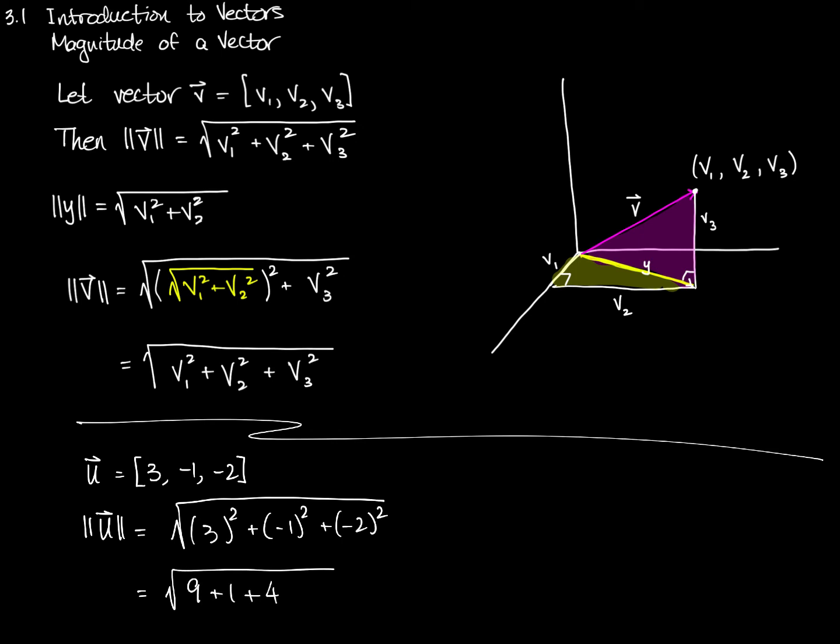That's 14. So I get the magnitude of vector u equals the square root of 14. That doesn't simplify. I have a factor of 2 and a factor of 7. I can't simplify that. So that's an example of how to find the magnitude of a vector in 3 dimensions.